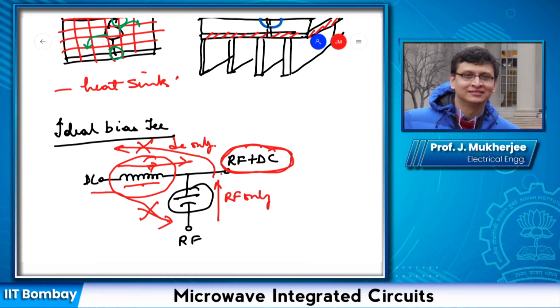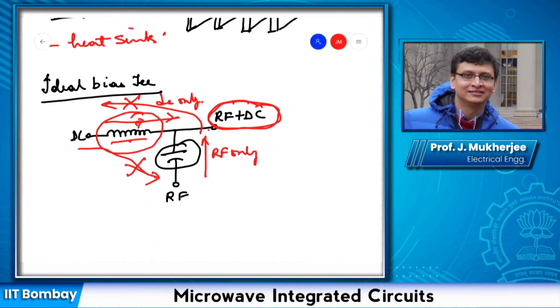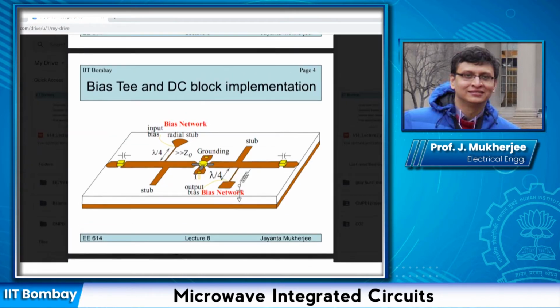As I said, this is just a schematic diagram, and the real bias T will have actual RF components in it. So one simple way to do that is this circuit. I'll just share my slides here. So this is the circuit of an actual amplifier.